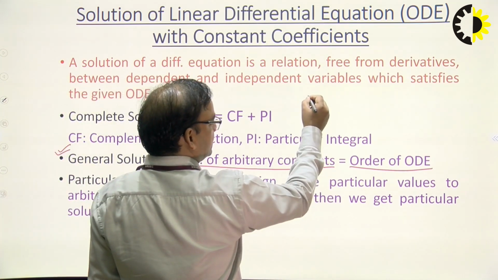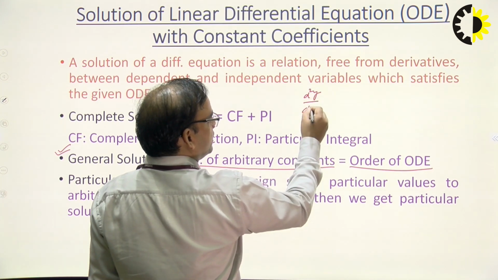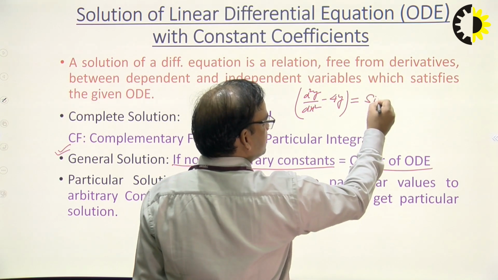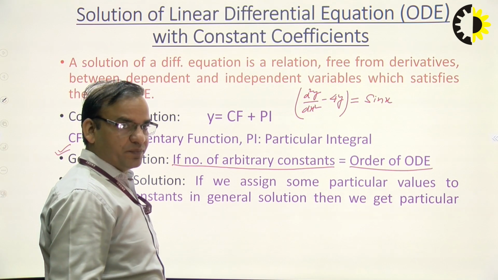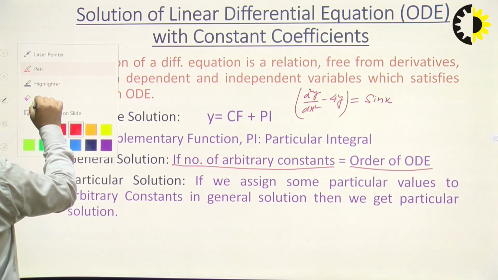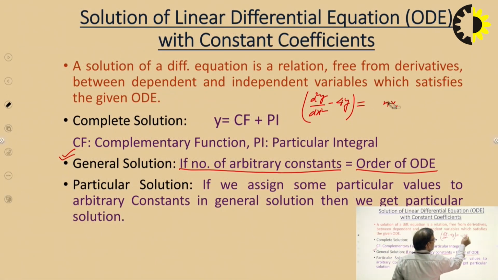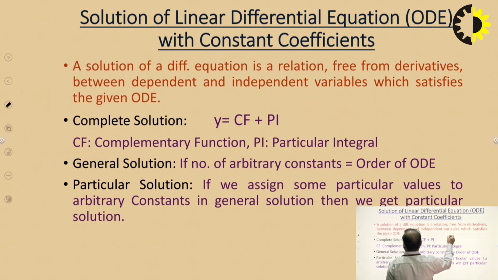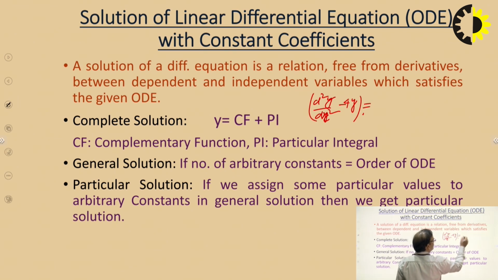Once again, we can write here an equation d²y/dx² minus 4y is equal to, suppose we have sin x. Okay. Then, in this case, let us take RHS 0 because we do not want to extend the length of this example. So we have the example d²y/dx² minus 4y is equal to 0.